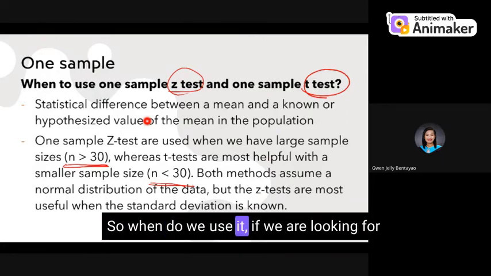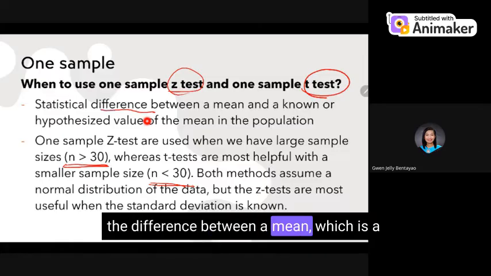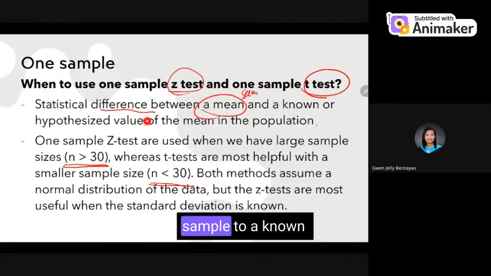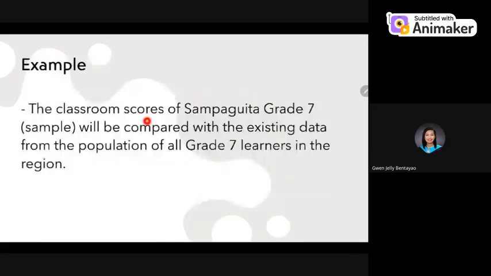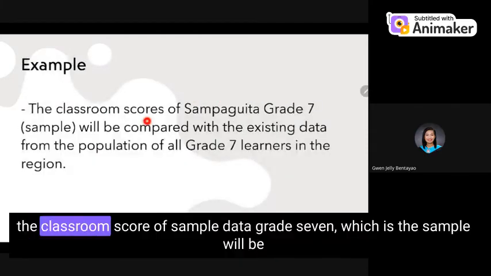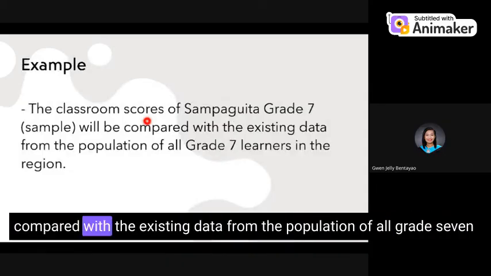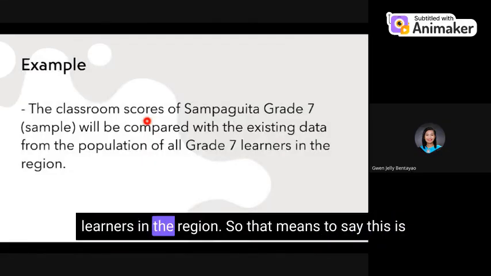So when do we use it? If we are looking for the difference between a mean, which is a sample, to a known value already. For example, the classroom score of Sampaguita grade 7, which is the sample, will be compared with the existing data from the population of all grade 7 learners in the region.